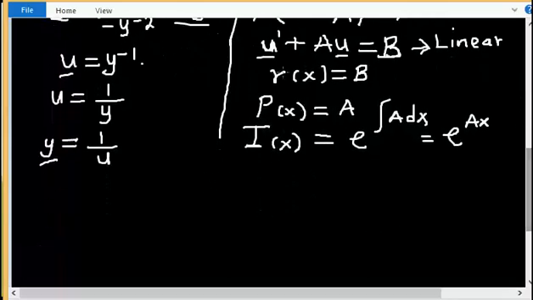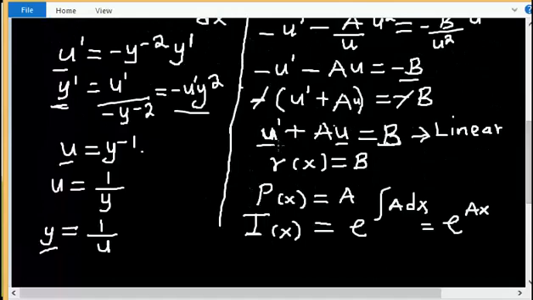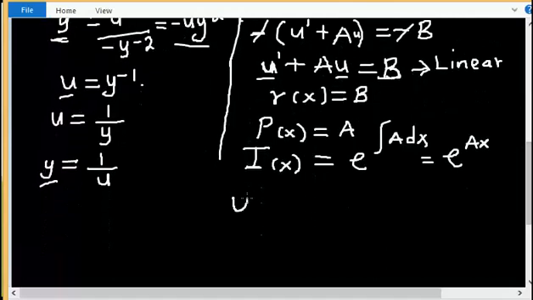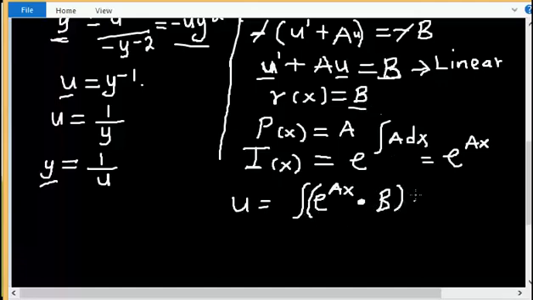So the general solution of this converted linear equation becomes, you know how we do that, u is equal to the integral of my integrating factor, which is exponent ax, multiplied by the r of x, don't forget the r of x, b, with respect to x.